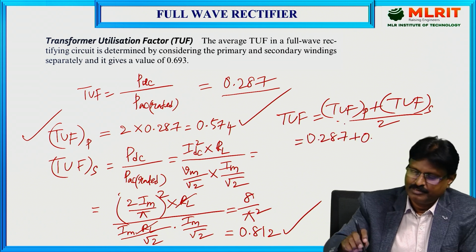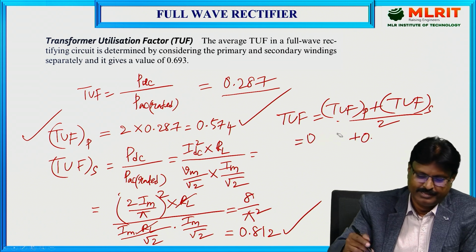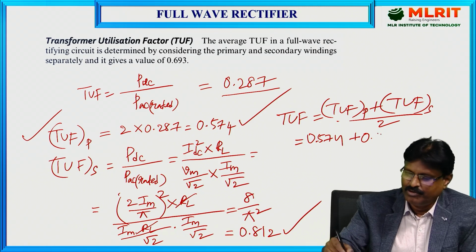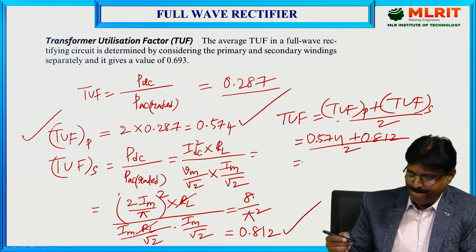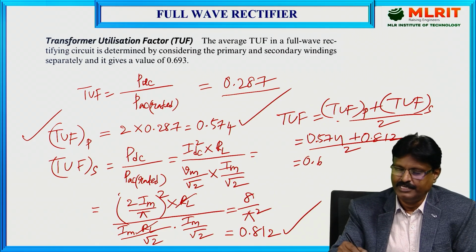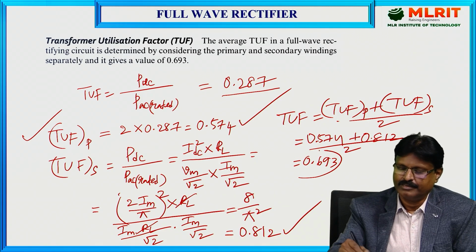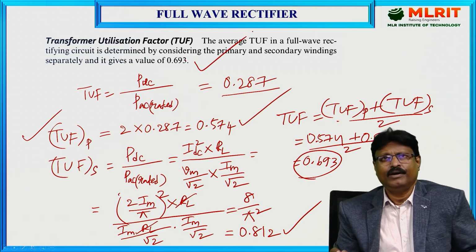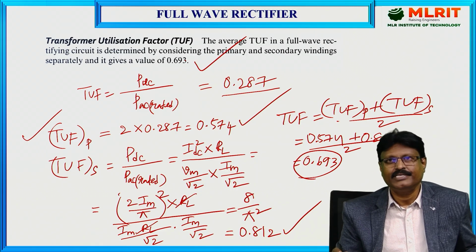So you will be getting 0.574 plus 0.812 by 2, and finally you will be getting 0.693. So finally the TUF value of the full wave rectifier is 0.693.